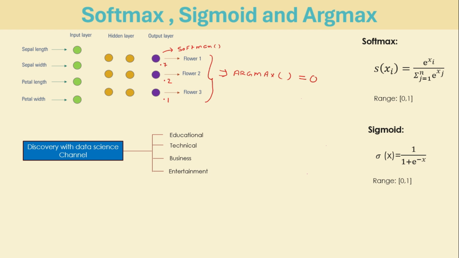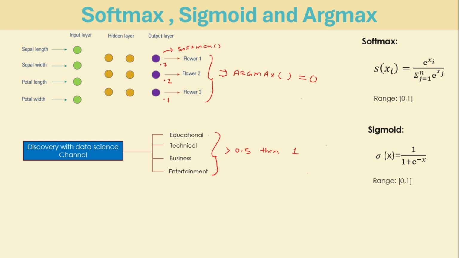With sigmoid, because multiple options can be the output, we will apply a logic. If the value is greater than 0.5, then it is 1, meaning positive, and we will choose it.